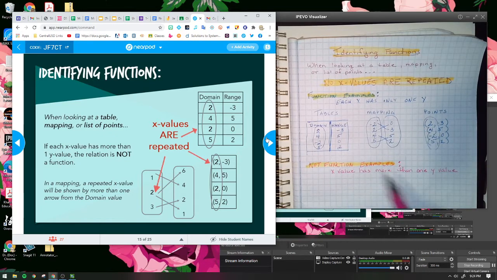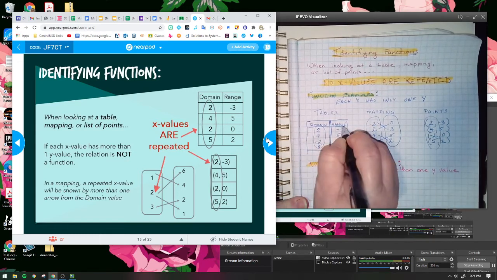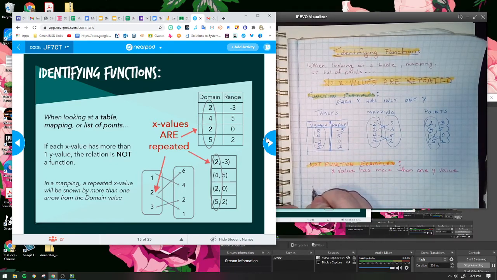I'm going to follow my table, with my domain and range.